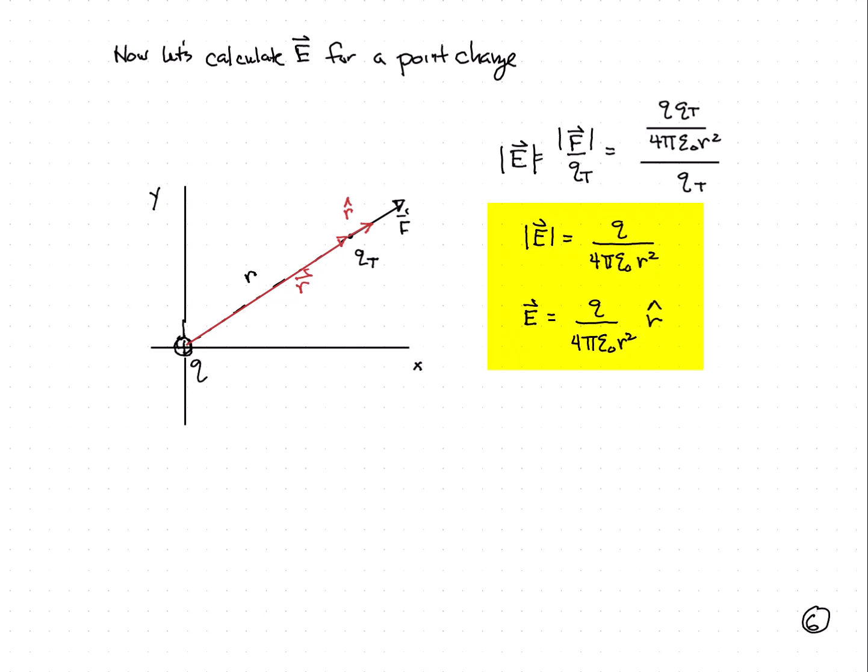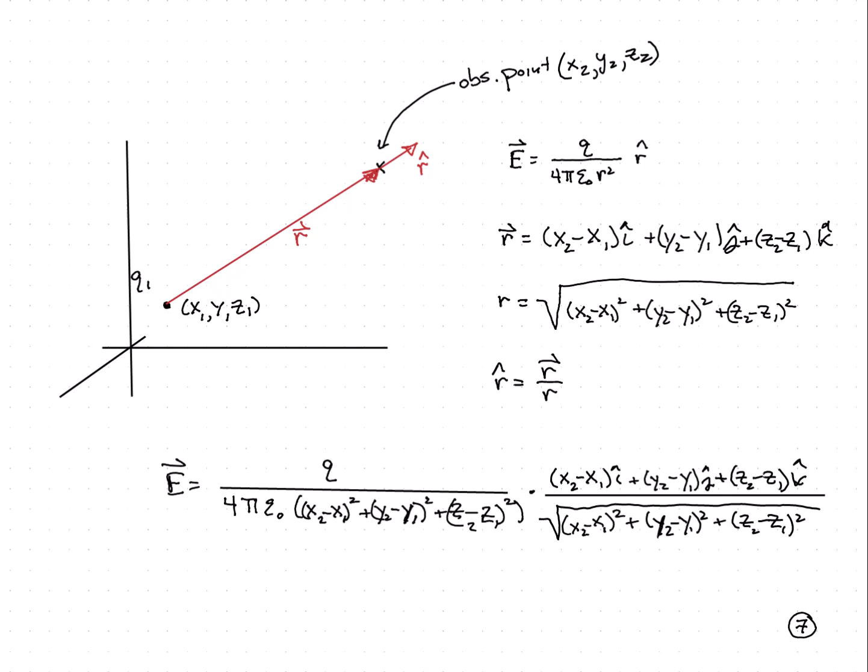That's the magnitude. And the distance is r, the r vector is present, and r magnitude is present, and the r unit vector is present. So here's the r vector, and it goes from the charge to the point of interest where you're calculating the field. Here's the r hat in the same direction. And so, the electric field for a point charge is pretty simple. It looks a lot like Coulomb's law.